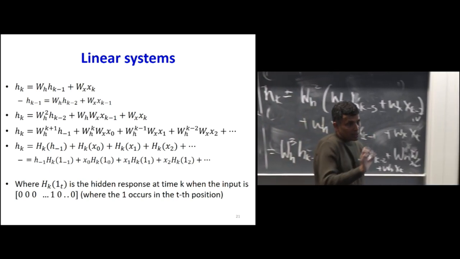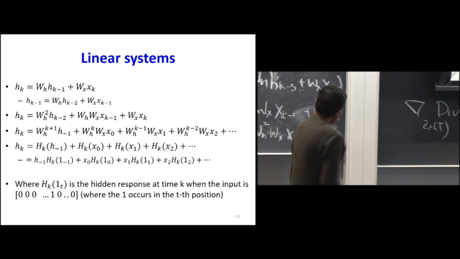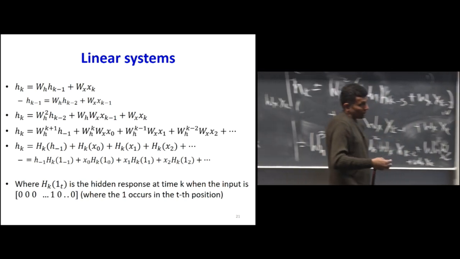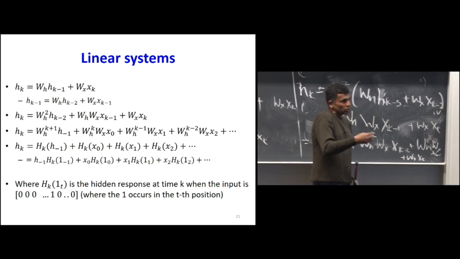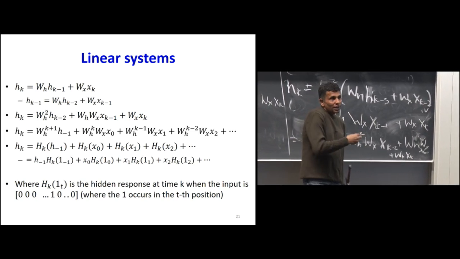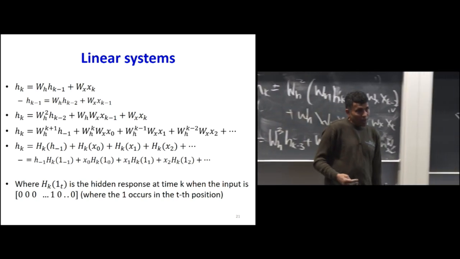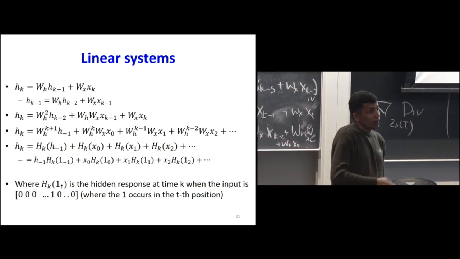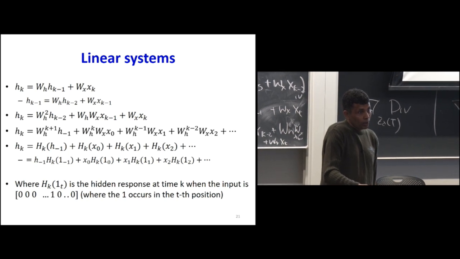The next time, if I write it in terms of hk minus 4, I'm going to be invoking xk minus 4, xk minus 3, xk minus 2, and xk minus 1. The past 4 values of xk. If I push the h that I'm considering one step more, I'm going to be incorporating one more x.